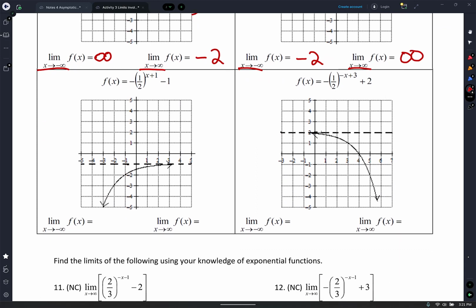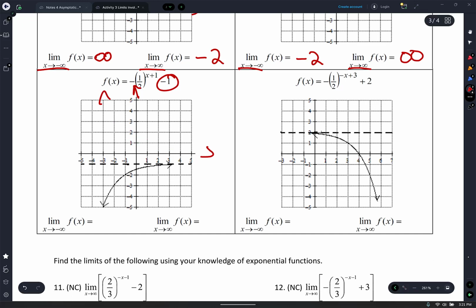Okay. Here we go. We have half. Don't worry about the negative for now. We'll talk about it in a little bit. Pretend that picture is not there. Pretend. 1/2 to the power x. Well, 1/2 to the power x would have looked like this. Where's my x-axis? It would have looked like that. And then this minus 1, what does it do? It shifts it down 1. But now that I have a negative, remember that reflects across the x-axis.